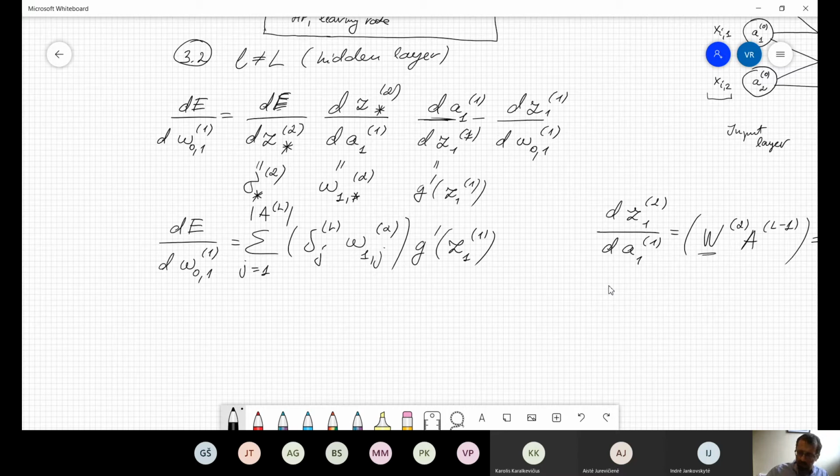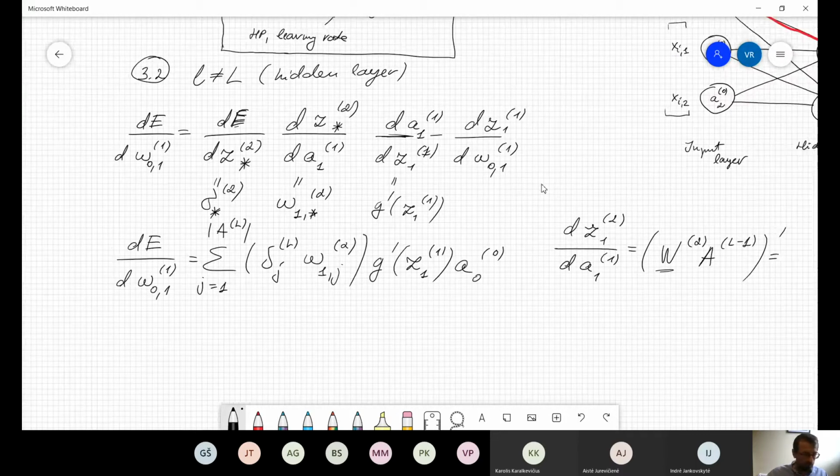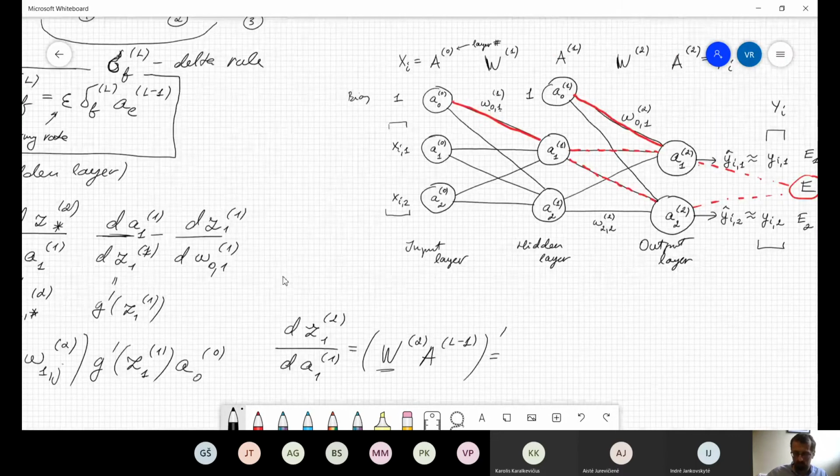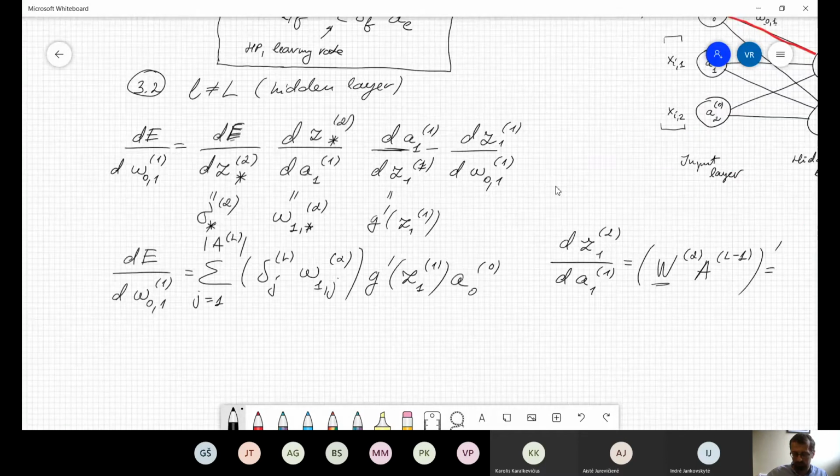This is again a multiplication of a couple of vectors. What we have here is a0 and 0. In our case, this is a bias, so it is just 1. Otherwise, this would be the element from the input vector.